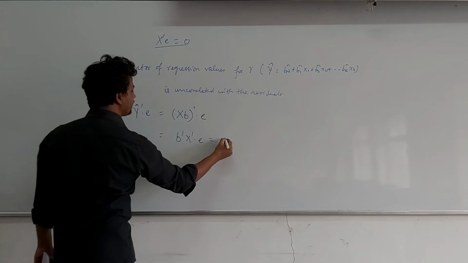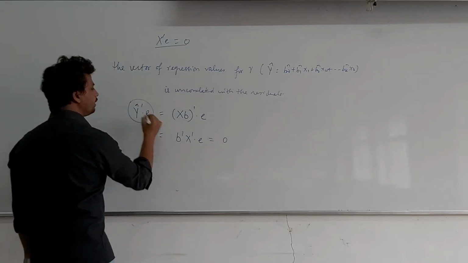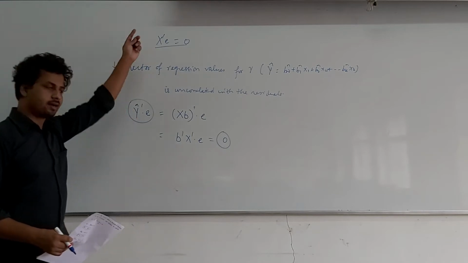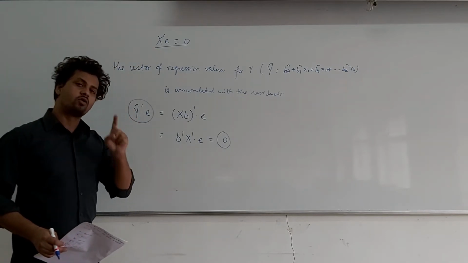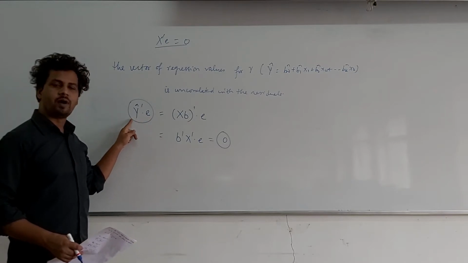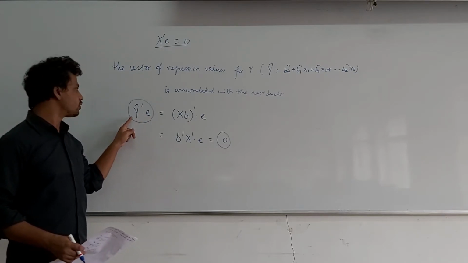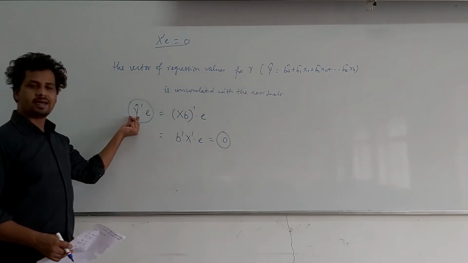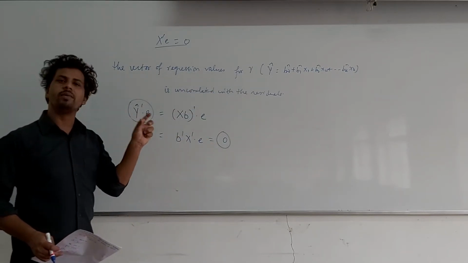So this also means that Y hat transpose E equals 0. This shows that there is zero correlation between the residual term and the fitted values of Y given the data matrix. That is also called the vector of regression values for Y. This Y hat is nothing but your linear combination part.